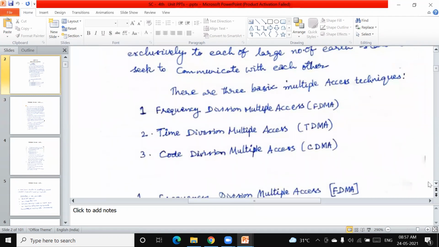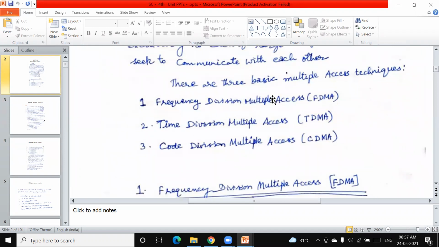That is what the multiple access techniques are, and there are many of them. These are called the basic multiple access techniques. There are three: frequency division multiple access, FDMA, time division multiple access, TDMA, and code division multiple access, CDMA.